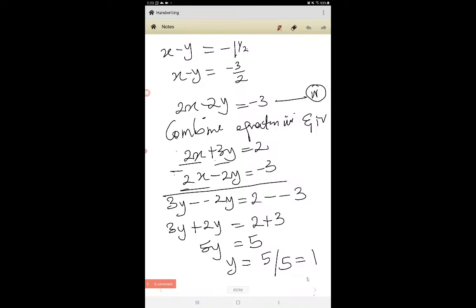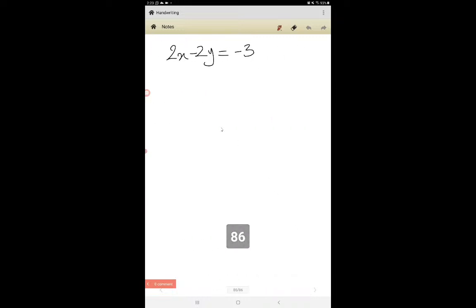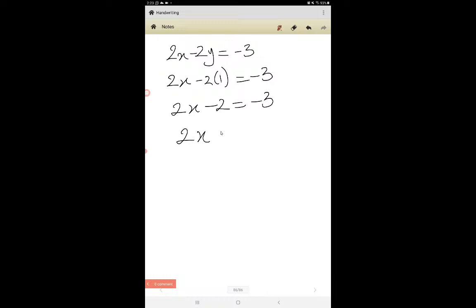This is where we arrive, and we are able to get y to be 1. So making 2x minus 2 times 1 is equal to minus 3. So 2x minus 2 is equal to minus 3. So 2x is equal to minus 3 plus 2, making 2x is equal to minus 1. So x is equal to minus 1 over 2.